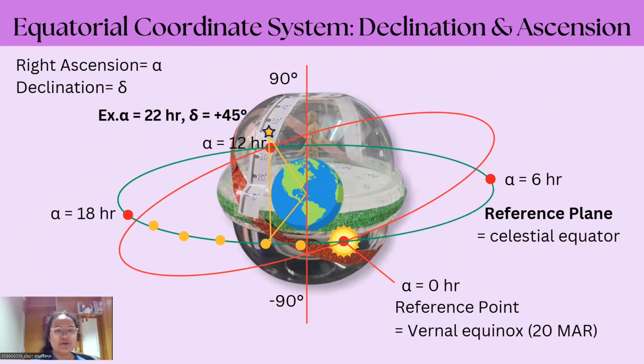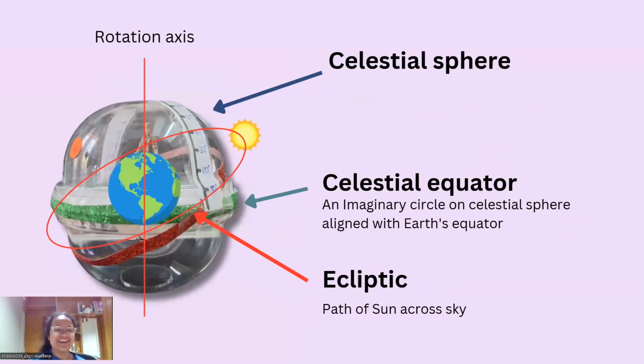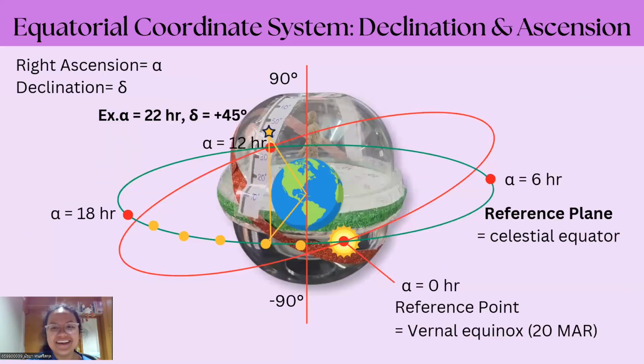And the equatorial coordinate system is a system to tell the position of a star in the celestial sphere. It has two variables called right ascension and declination.